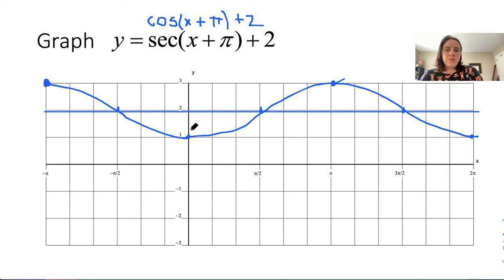If we look at it, it really just flips our cosine 180 degrees. So it's a reflection across the x-axis if we shift by pi, which makes sense, right? Cosine of 0 is 1, cosine of 180 or pi is negative 1. So we're basically flopping it over and then shifting it up by 2.